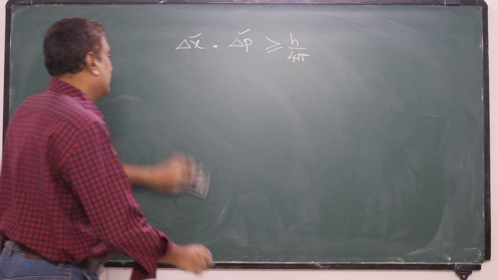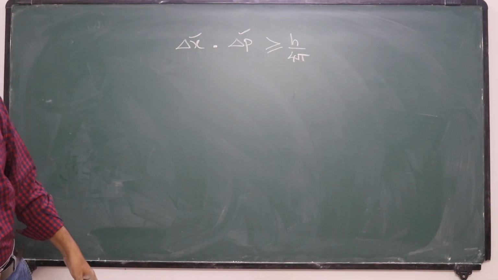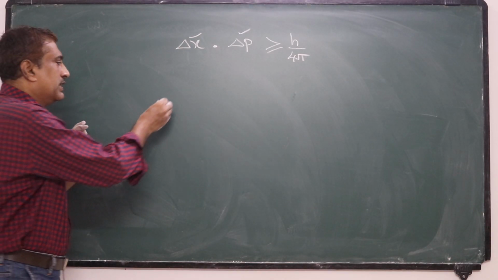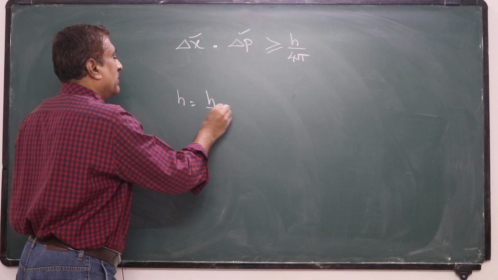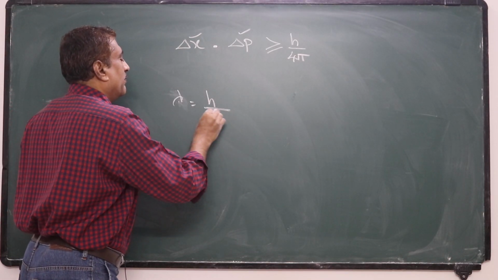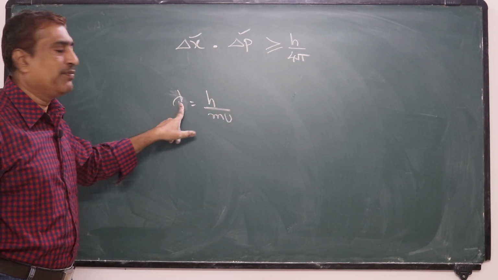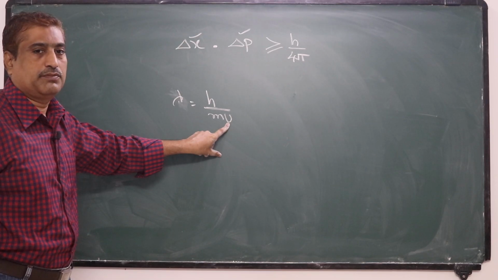Now if we consider a smaller wavelength, that means lambda equals h by mv. When will this wavelength be small? When the velocity is large.